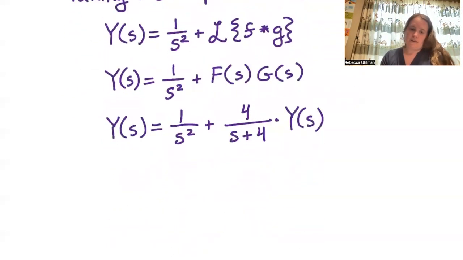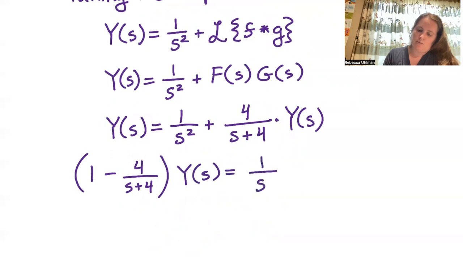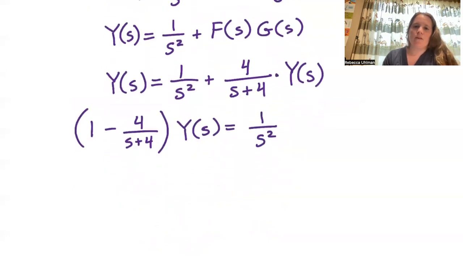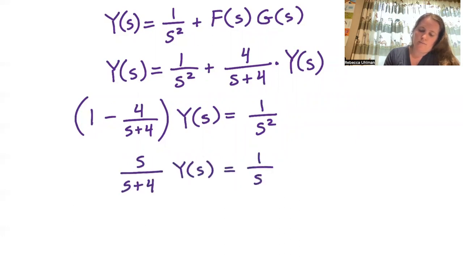Rearranging this becomes 1 minus 4 over s plus 4, all multiplying Y of s, is equal to 1 over s squared. That 1 minus 4 over s plus 4 just becomes s over s plus 4 times capital Y of s equals 1 over s squared.